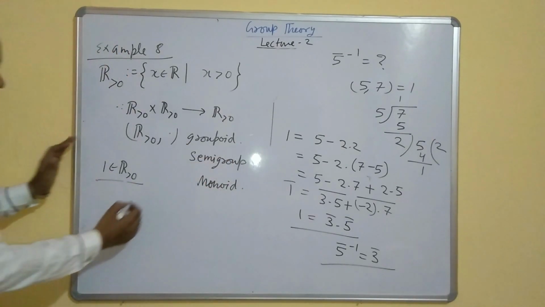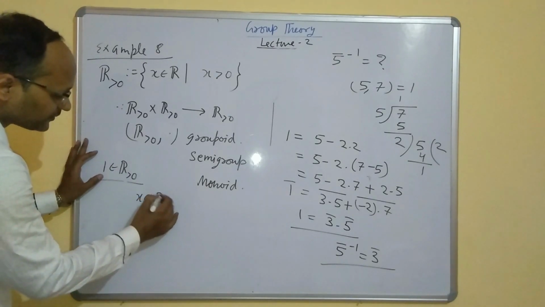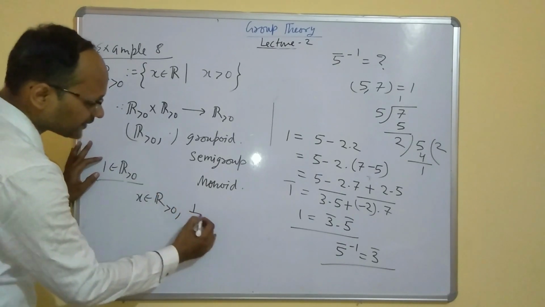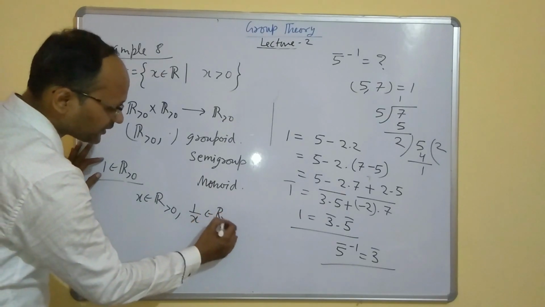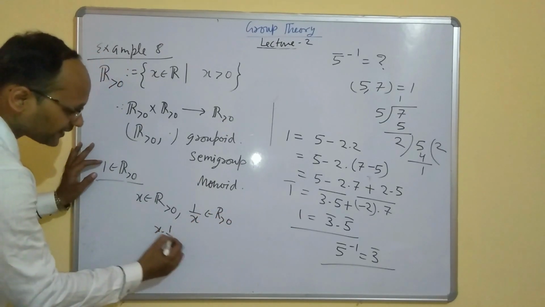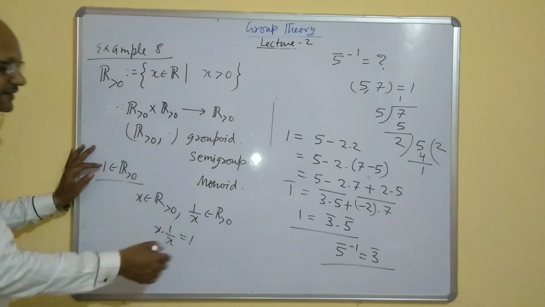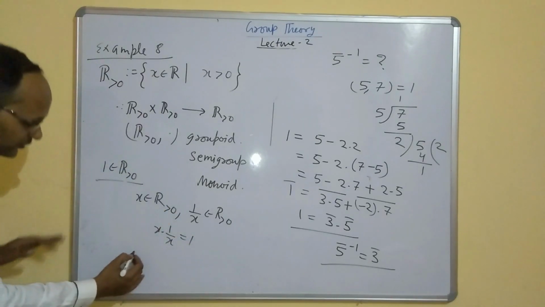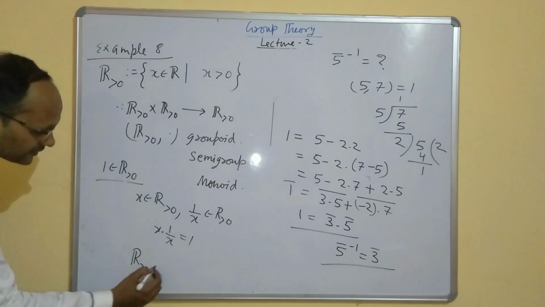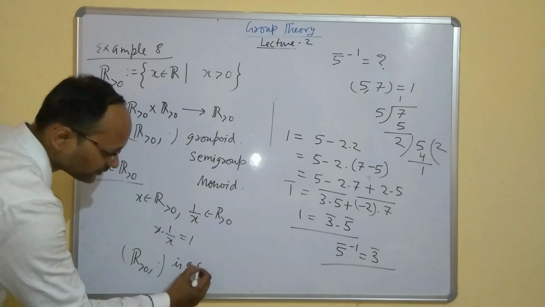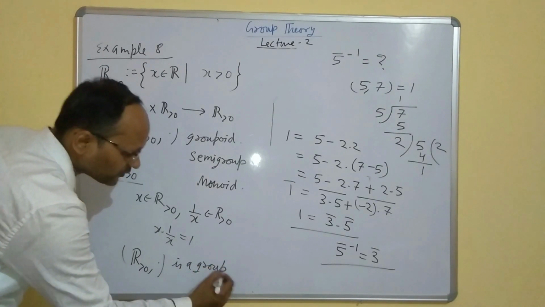One more thing you know, that if x is a positive real number, then 1 by x is also a positive real number, and x into 1 by x is always 1. So it means an inverse exists. So you can say that R greater than 0 with respect to multiplication is a group.